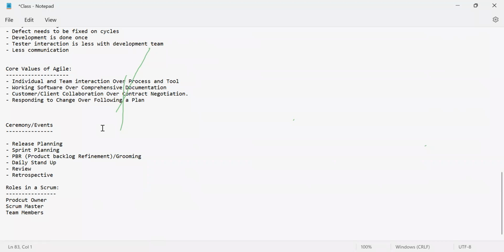Likewise, you will be able to develop the WhatsApp application in 5 sprints, right? The 100 stories are divided into five iterations. Sprint 1, you take the first 20. Sprint 2, the next 20. Sprint 3, next 20. Sprint 4, next 20. Sprint 5, next 20. We are done with 100.